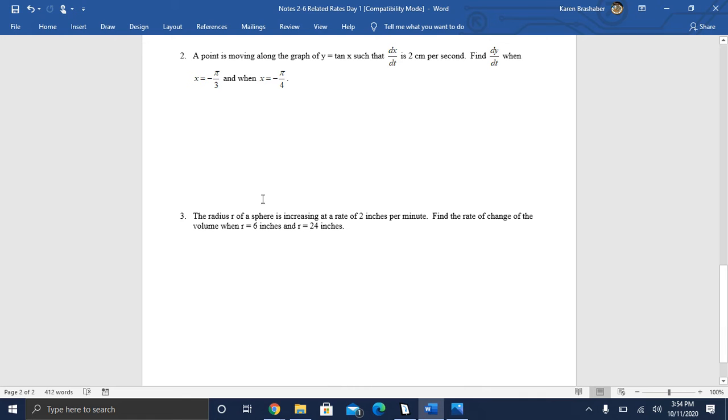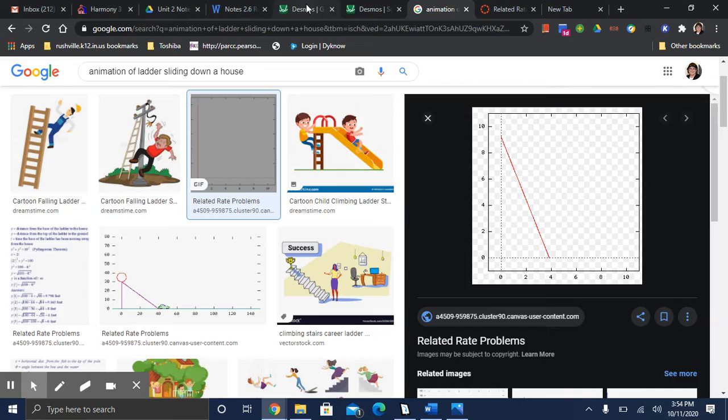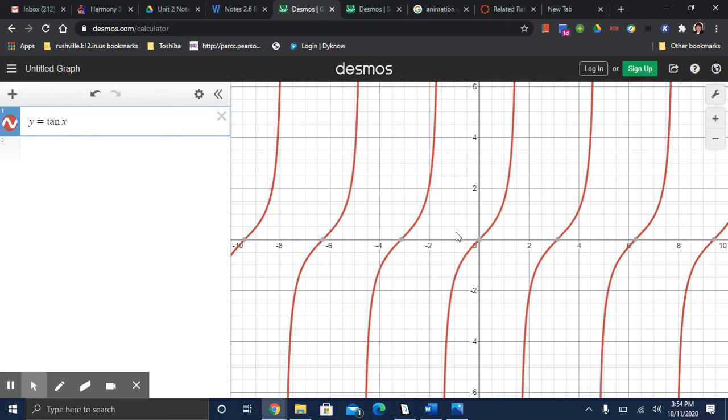All right, so I wanted you to visualize this. I have a graph of y equals the tangent of x pulled up here. Now this one is not animated, but this is your tangent graph. And so when x is negative pi over 3, and that's right around here, we're trying to find the rate of change of your y value.